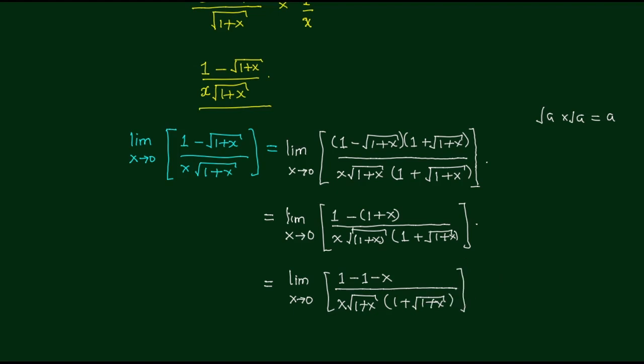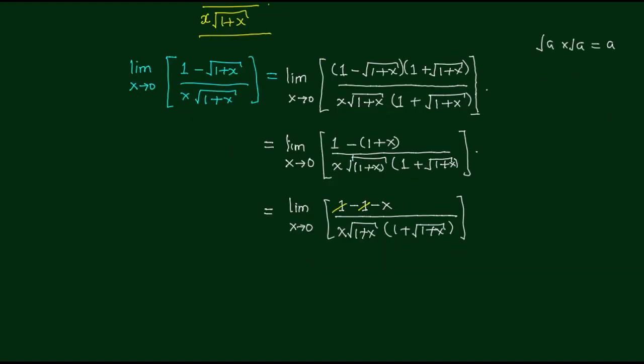So now the good news here is this negative 1 and positive 1 will cancel. Now let's clean up that mess by rewriting it again down here, and we're left with negative x from the numerator, so we can rewrite it in terms of a factor.